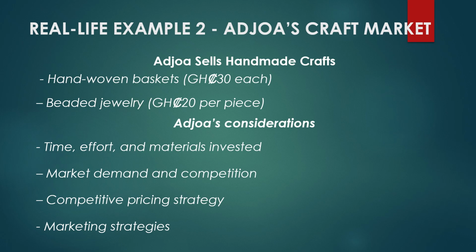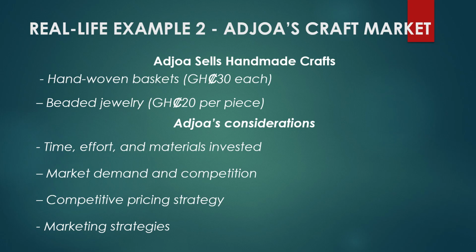She decided to sell her products at a local craft market to reach more customers and earn income from her creative talents. Ajua sets up her store at the craft market and displays her products attractively. She prices her items as follows. Hand weaving baskets go for 30 Ghana cedis each, and the beaded jewelry costs 20 cedis per piece.